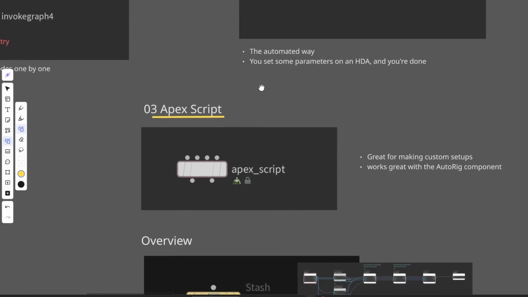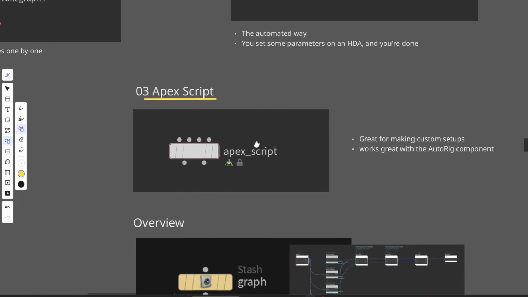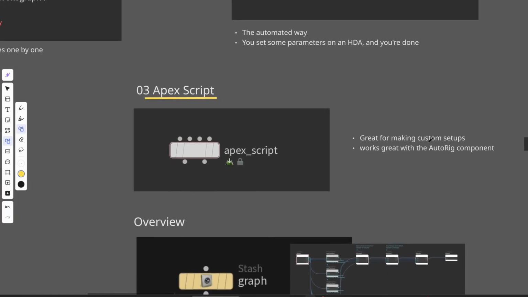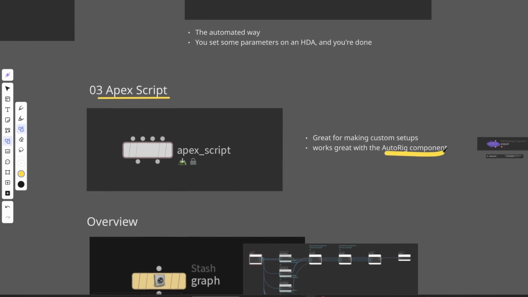So Apex script kind of lands in the middle. It's great for making custom setups, but it's also designed to work really well with the auto-rig component. And how you work together with the auto-rig component and Apex script is a little bit outside the scope for this video.